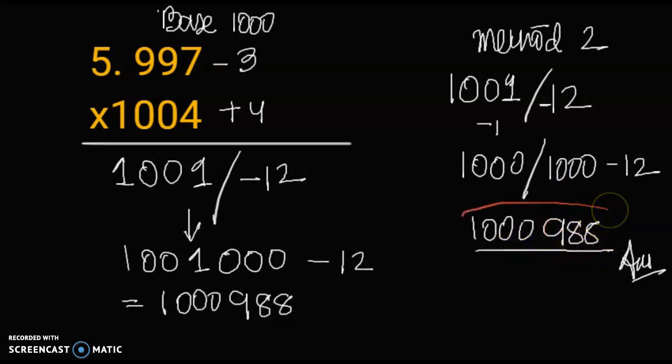So finally you combine the two and you get the answer same as you got in the previous case. As explained earlier, whichever method you find easy, you can proceed with.